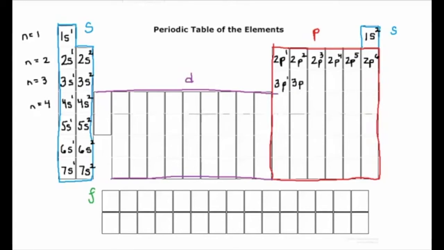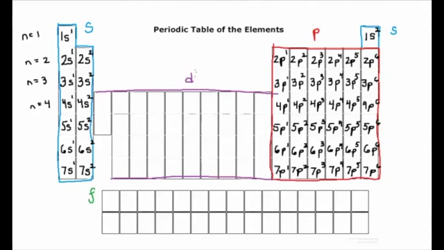Pause me, please. Now I need to do the D sublevel. You would expect this to be 4 right here because you're in the 4th principal energy level, but it actually starts as 3d1. Then everything else is the same: 3d1, 3d2, all the way to 3d10. And then this would be 4d1, and then you can fill in the rest.